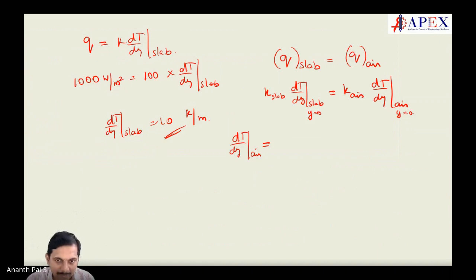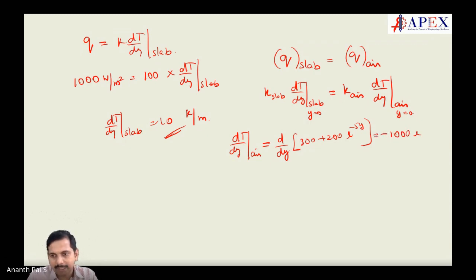So what is dt by dy at y is equal to 0? It is d by dy of 300 plus 200 e power minus 5y for air. This comes out to be minus 1000 e power minus 5y. So dt by dy of air at y is equal to 0 is minus 1000.